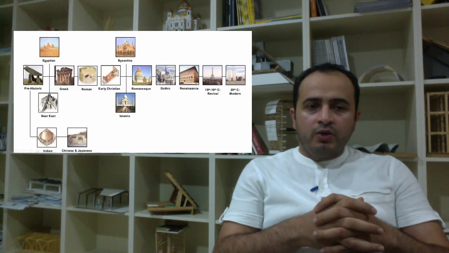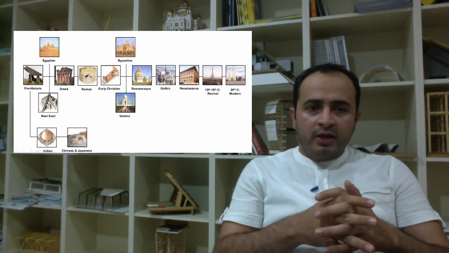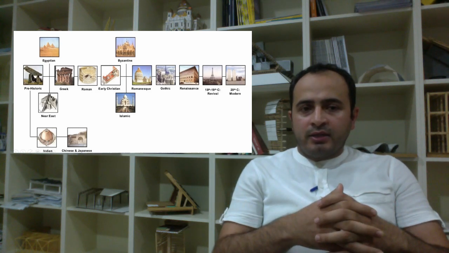To do that, as you may know from your previous courses of History of Architecture 1 and 2, you have learned about the ideologies which have been developed from the prehistoric era to Greek, Roman, early Christian, Byzantine, Romanesque, and Gothic architecture.